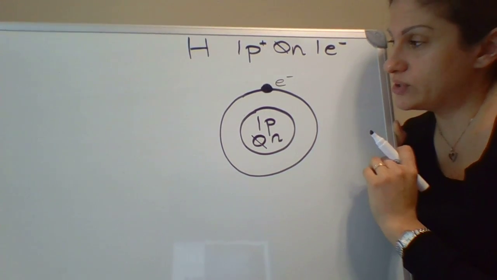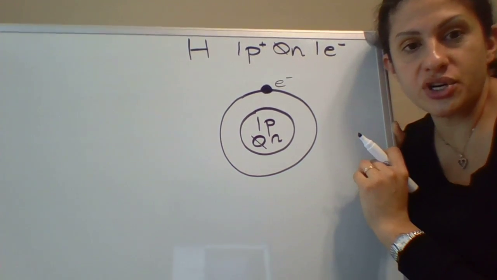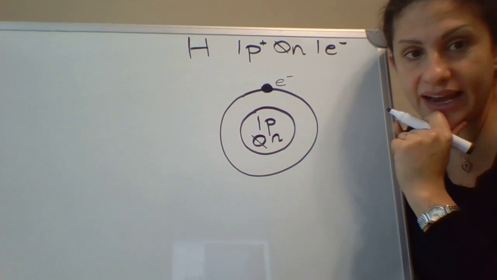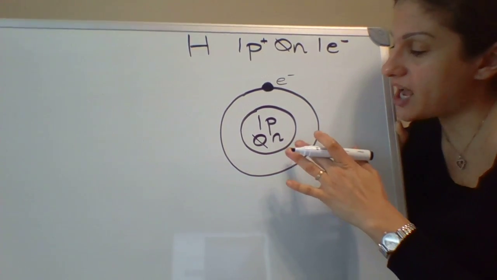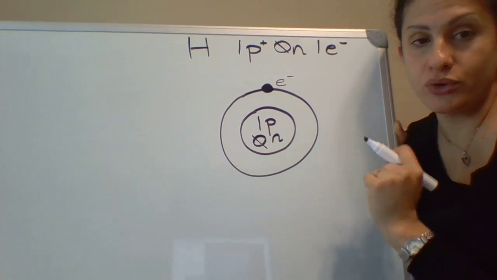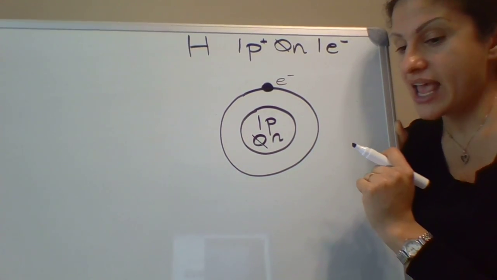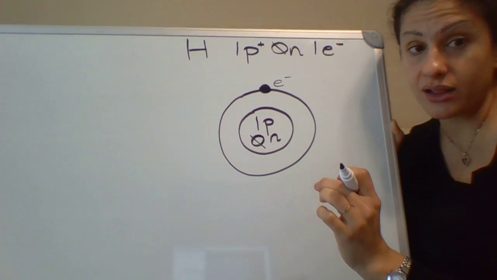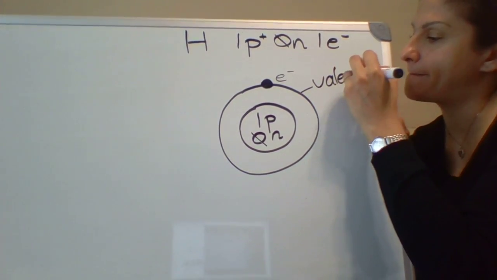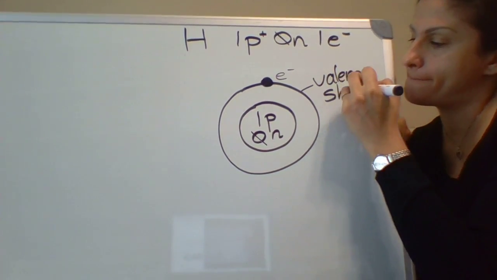Because we've introduced this, I'd like to introduce you to a term about the outermost shell of an atom. Because hydrogen only has 1 shell, that is the outermost shell for hydrogen. And we call that shell the valence shell.